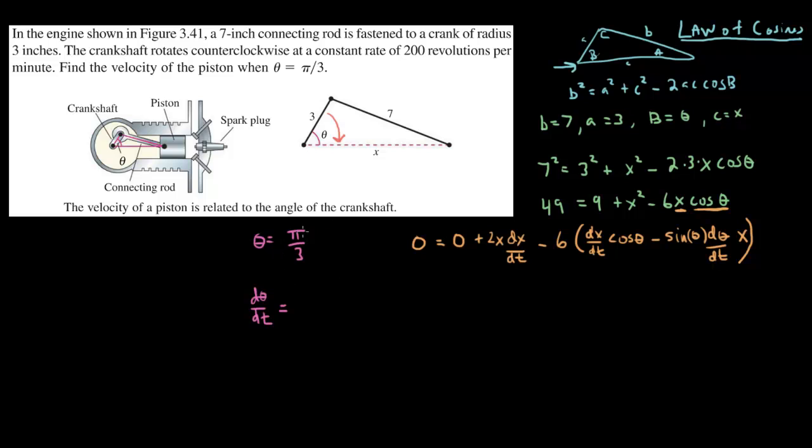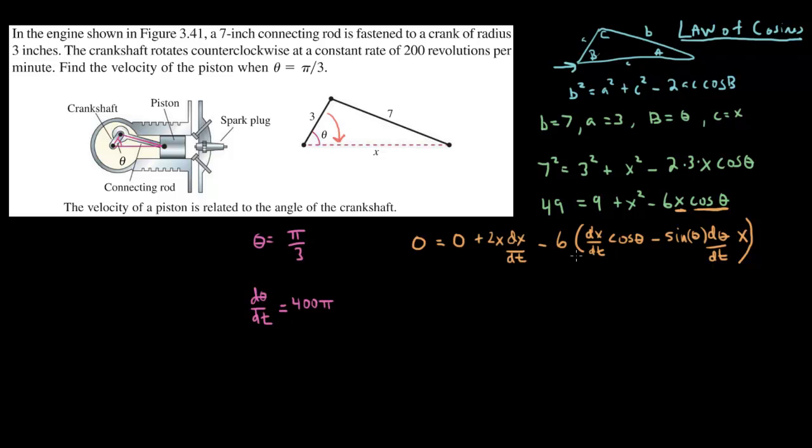There's 2 pi, right? So it's going 200 times 2 pi, which is 400 pi. So theta is changing at 200 RPMs, which is 400 pi, that's d theta dt. Each of those revolutions is 2 pi, so 2 pi times 200 gives us 400 pi.